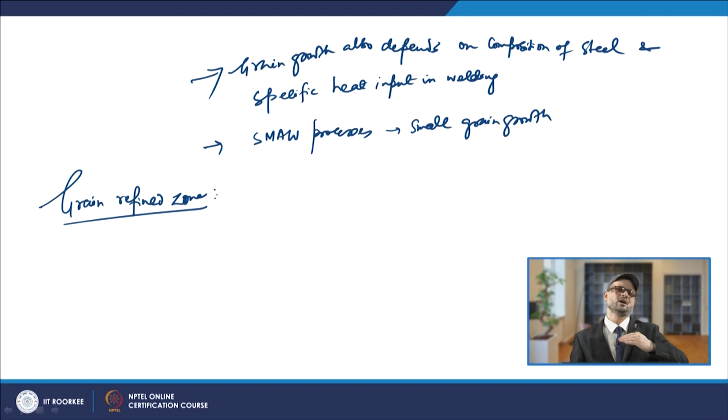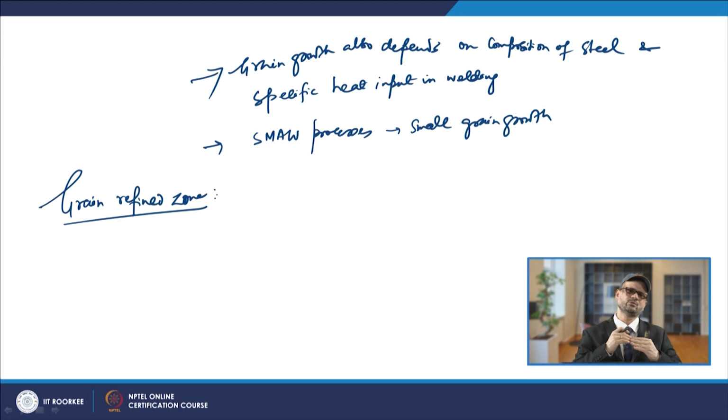In the upper side, in the grain growth zone, the temperature is higher, and once you come down, you have the gamma to alpha transformation on cooling. Normally this provides a fine ferrite pearlite structure, depending upon the heat input or the plate thickness.